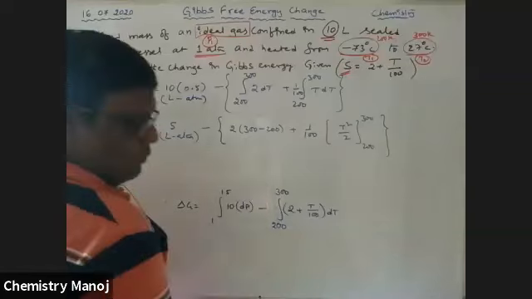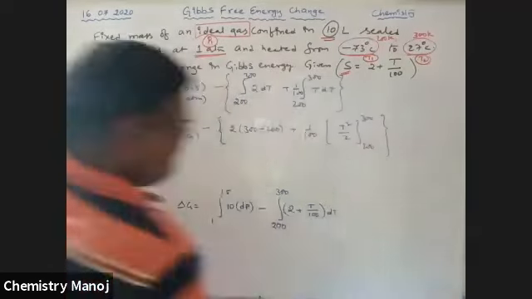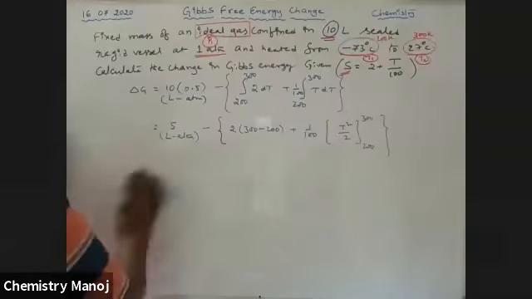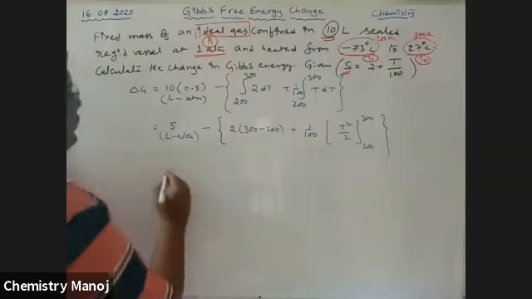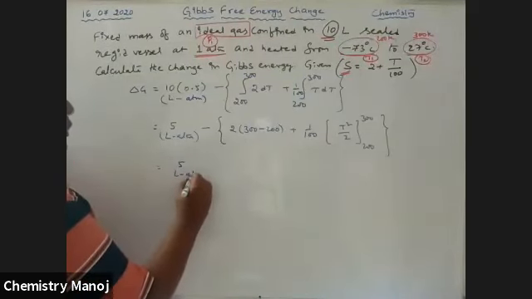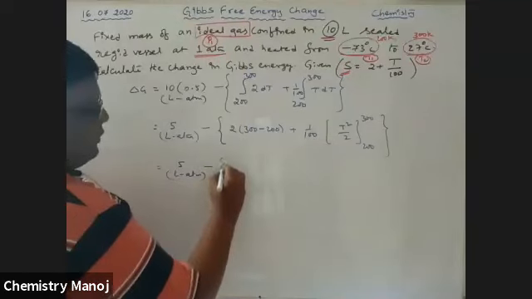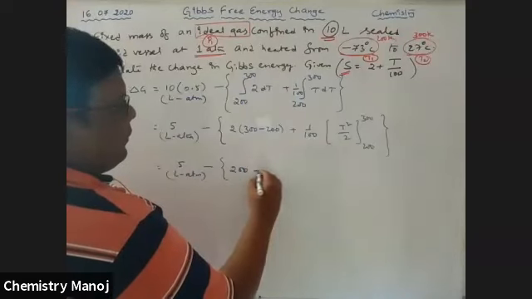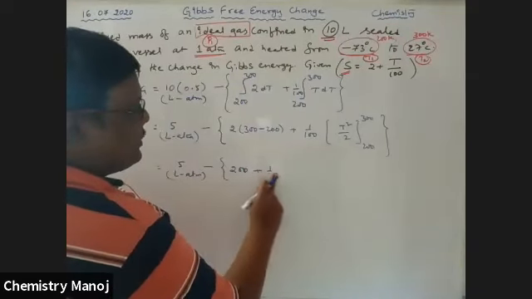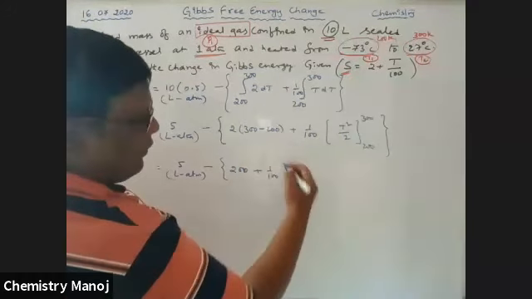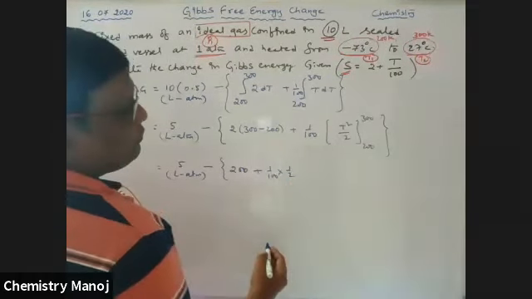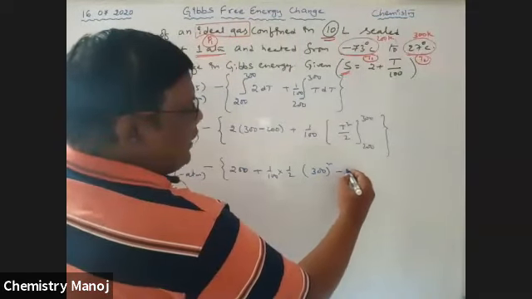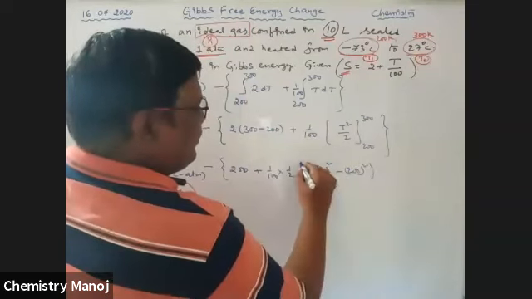Therefore, I am applying integration, boys. It is not possible to explain that integration. This is 5 liter atmosphere minus, 300 minus 200, that is 200 plus 1 by 2 into 1 by 100. 1 by 2 is common, so that is T square, 300 square minus 200 square, upper limit minus lower limit.